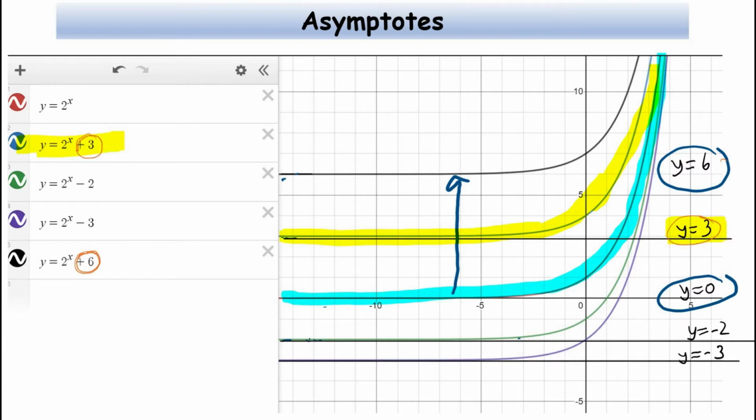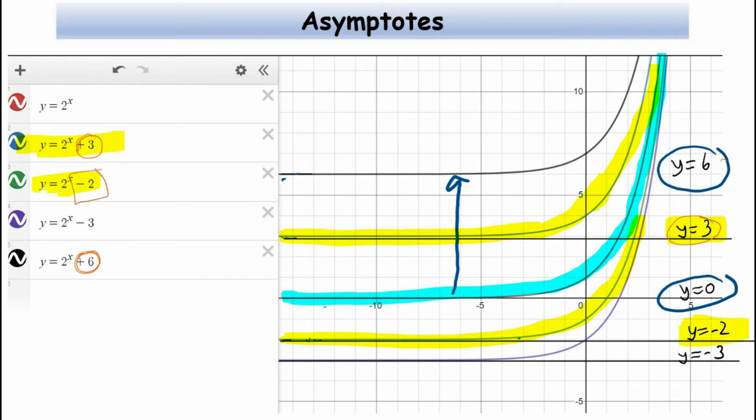So I said, okay, let's try some negatives and see what happens. I put the parent minus 2, and guess what? This is the new asymptote now. The parent minus 2 is this green one. And that is the asymptote. You can see that.